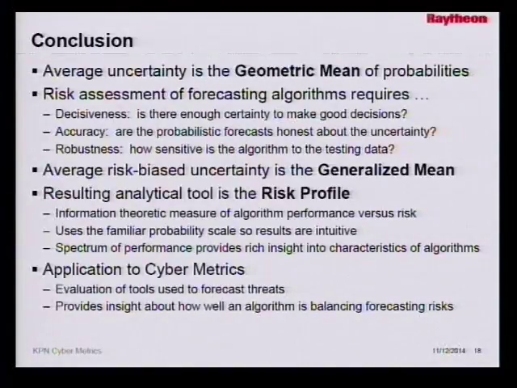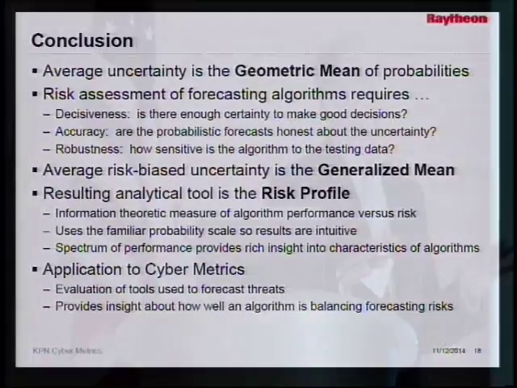So my takeaway for the cyber community in designing better metrics is that there are things about information theory that are kind of counterintuitive. The whole purpose of taking the log of the probabilities was to be able to do the typical kind of arithmetic analysis that we're all used to, like taking the arithmetic mean.